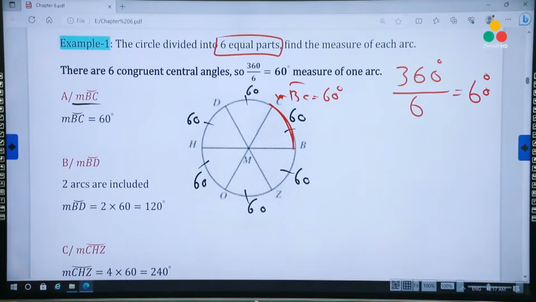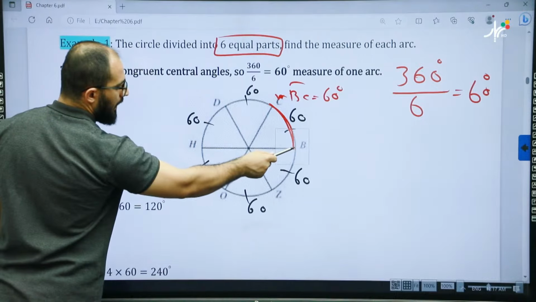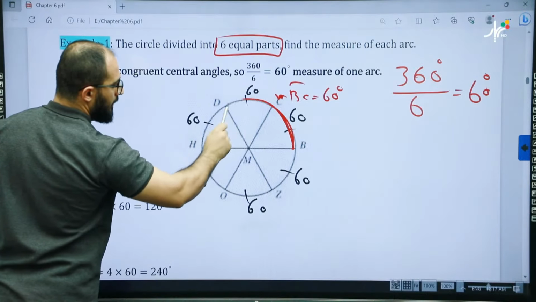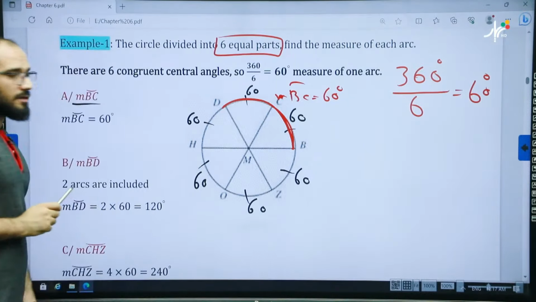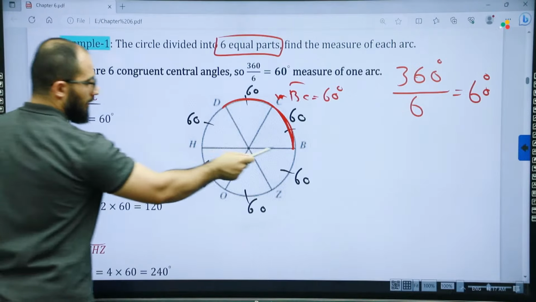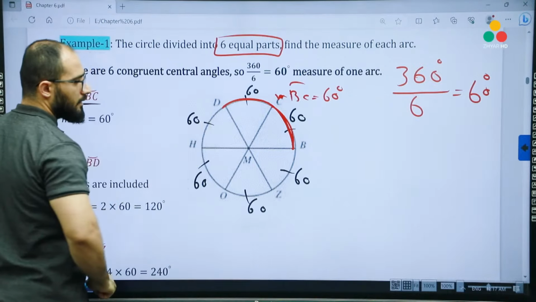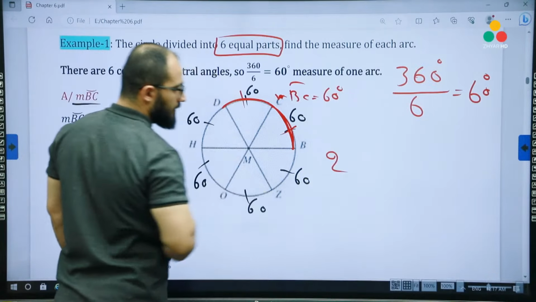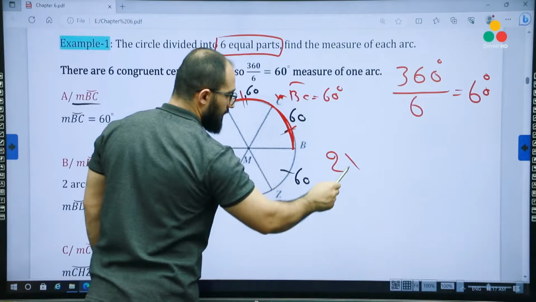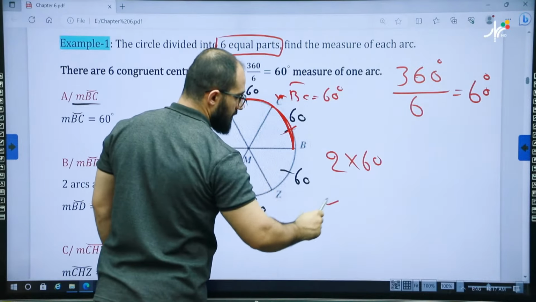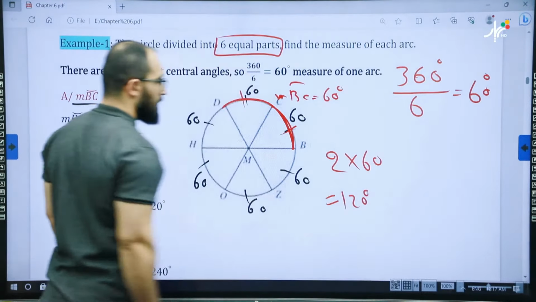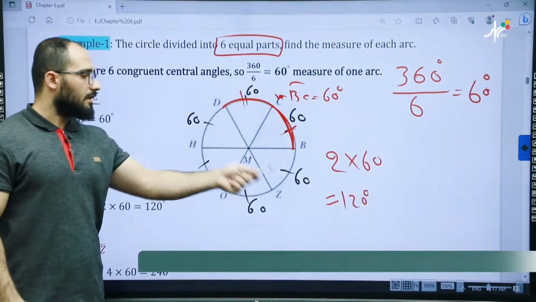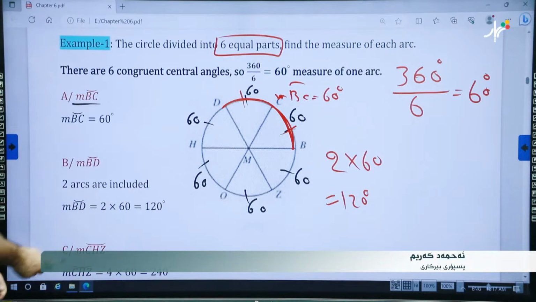Then B says find the measure of BD. B until D. How many arcs are included? 1, 2. Two arcs are included. The measure of each of them is 60, so 2 times 60 is equal to 120. That's why the measure of arc BD is 120.